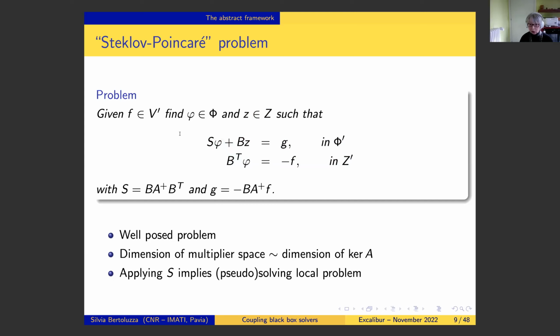This turns out to be a well-posed problem if our original problem was well-posed. And here I have a smaller problem because it's in the space of multipliers, which we will see in many instances of our abstract framework is a smaller space. And the one that acts as a multiplier in this saddle point formulation is in a finite dimensional space.